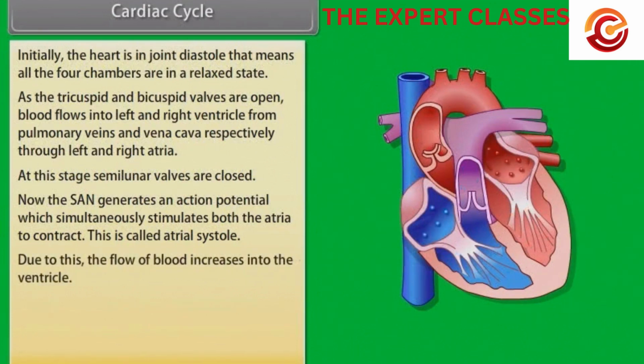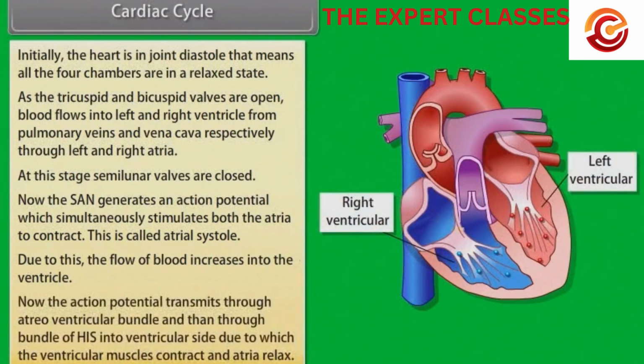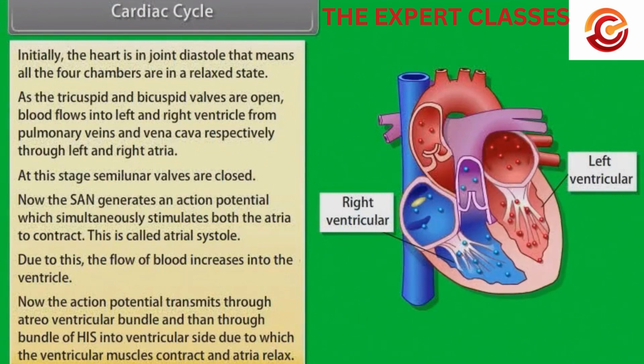Due to this, the flow of blood increases into the ventricle. Now the action potential transmits through atrioventricular bundle and then through bundle of HIS into ventricular side, due to which the ventricular muscles contract and atria relax.